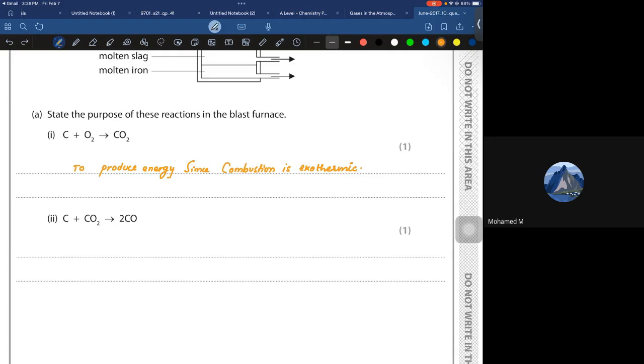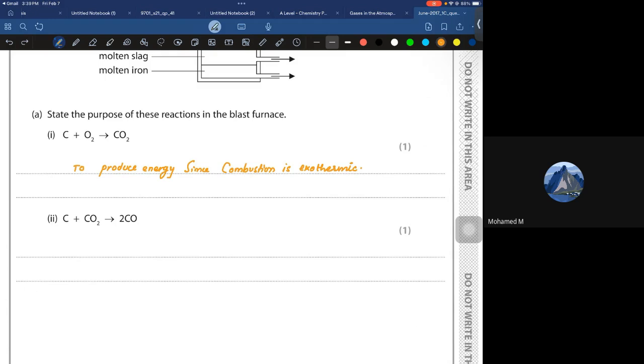Remember, carbon monoxide is a reducing agent. So this reaction is to produce a reducing agent. That's why we are doing this reaction. And if you remember, this reducing agent will reduce your iron oxide into the iron.